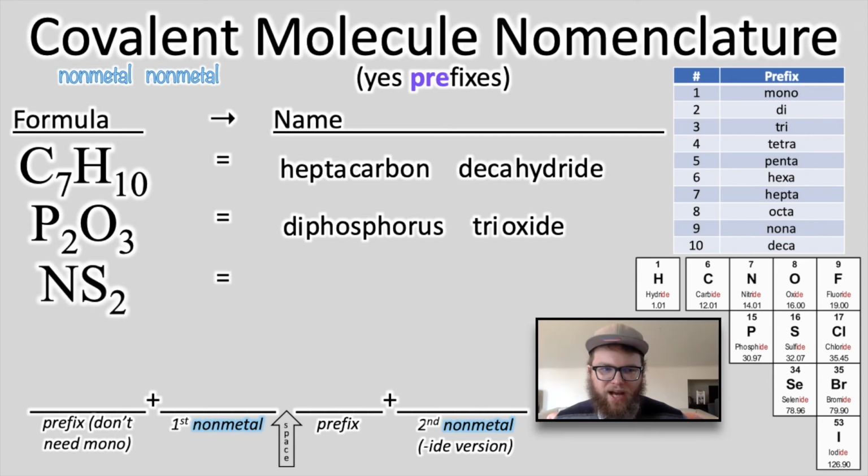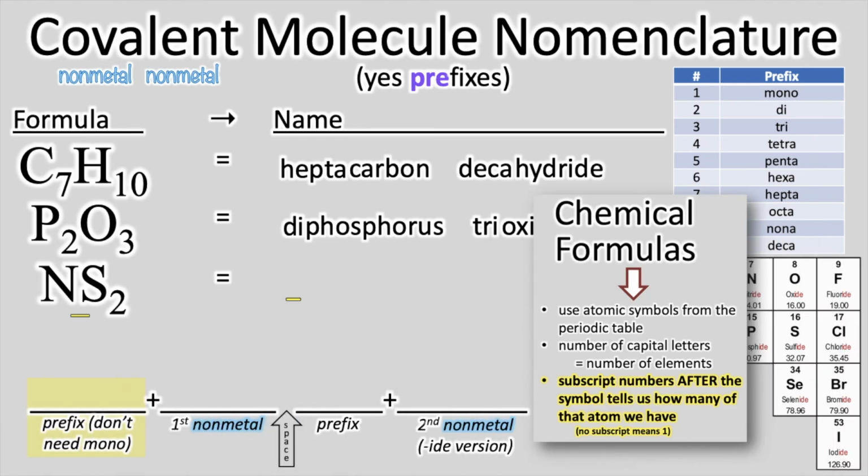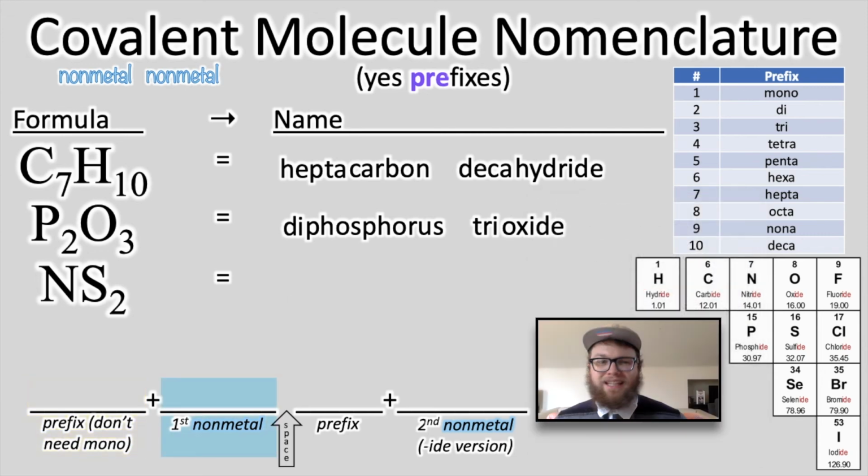For NS2, we'll start with prefix. What is the count of N? Well, there's no number there. So what does that mean? In chemical formulas, no subscript means 1. So there's 1, but we don't need mono for the first nonmetallic prefix. So we'll just leave that blank.